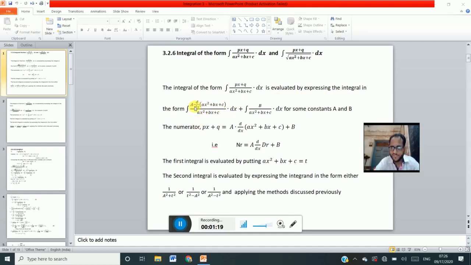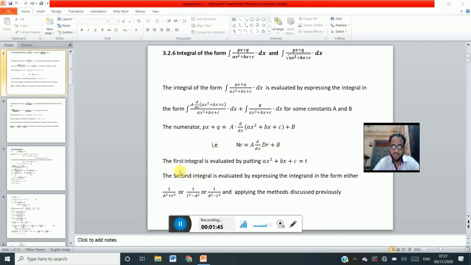Here A is a constant, and plus B upon denominator. Here B is also a constant, for some constants A and B. That is, the numerator px plus q is replaced by capital A into derivative of denominator plus B, like this. We have to replace the numerator like this.